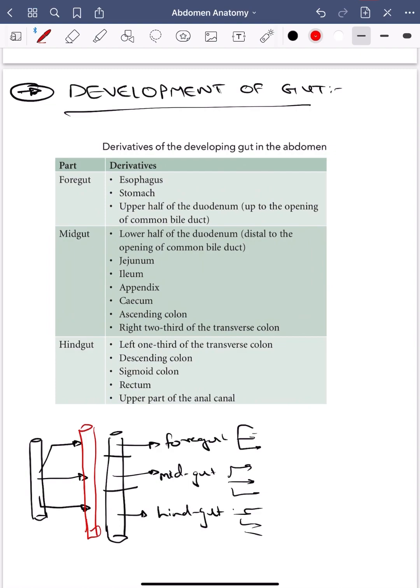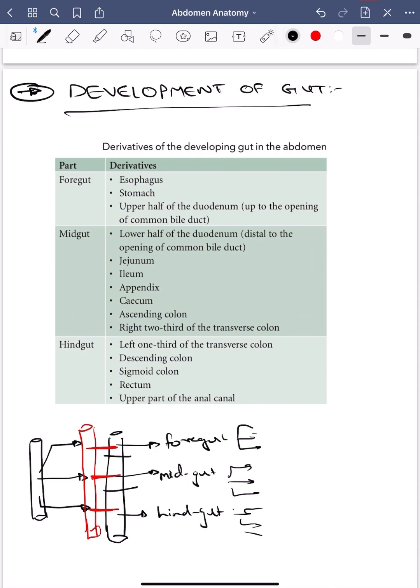That is, for the organs that develop from the foregut, they have a common artery supply, and for the midgut another common one, and similarly for the hindgut. Now, what are the important branches of the abdominal aorta that supply the foregut, midgut, and hindgut?